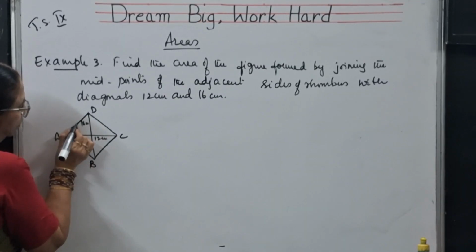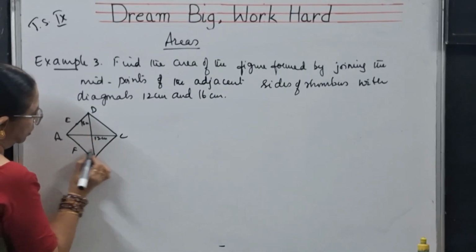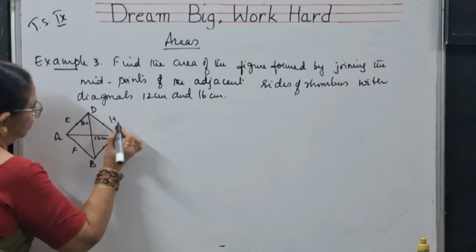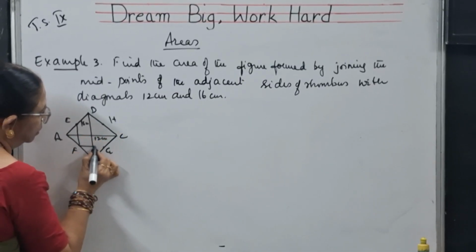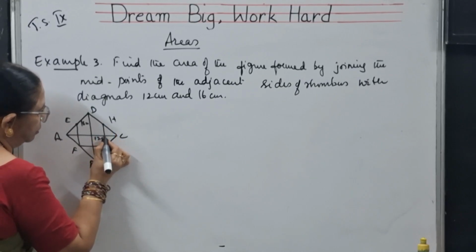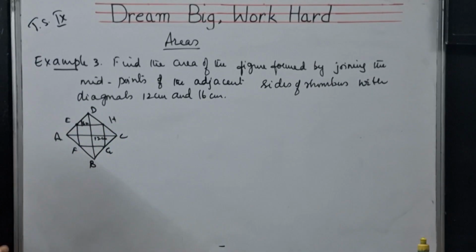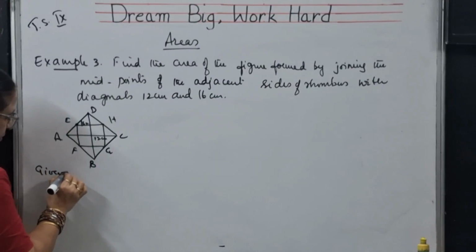So let me take this is the midpoint E, F, G, H. These are the midpoints. So if you join the midpoints in this way, you are getting a quadrilateral. So this figure area we need to find out. So what is given to us?